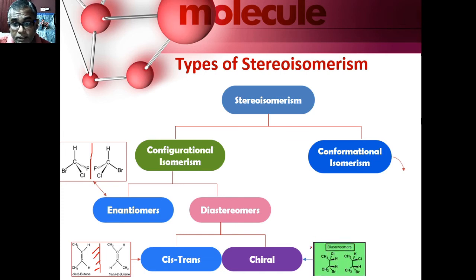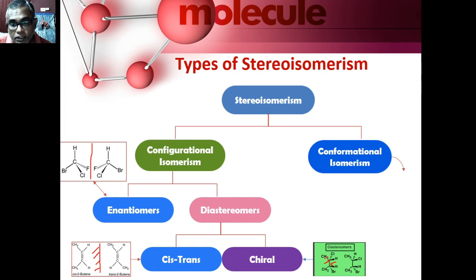On the other hand, if your molecule contains more than one chiral carbon, so this molecule has two chiral carbons, then that molecule has a possibility to exist as a pair of diastereoisomers.